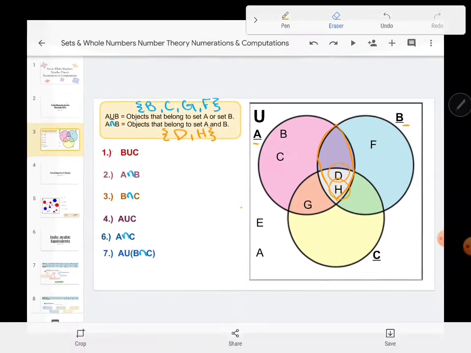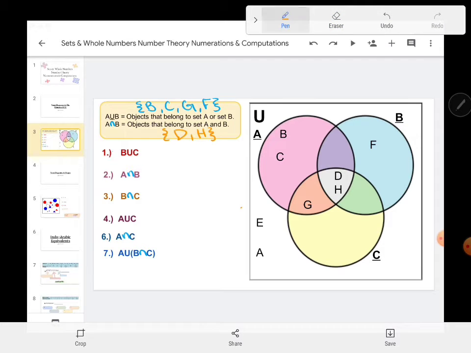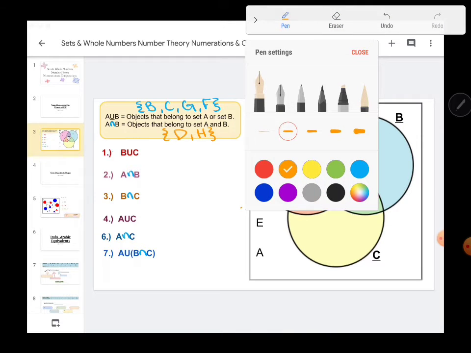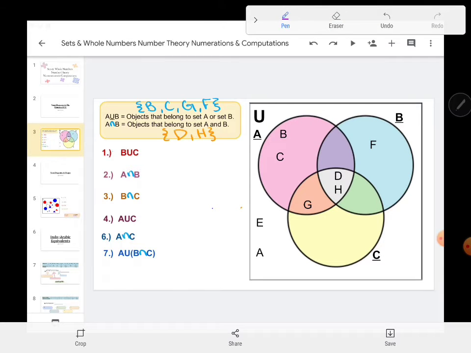Now we're going to start out with problem number 1, which is B union C. If we go back and look at our notes, we are looking for objects that belong to set B or set C. Now, or is the big word in this statement, because we are looking for the letters that are not in the shared section.